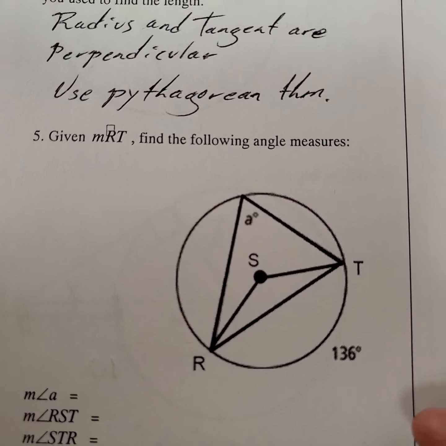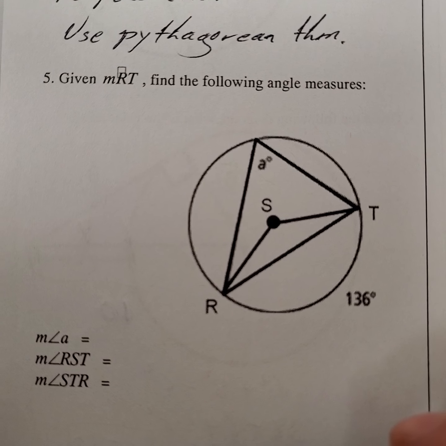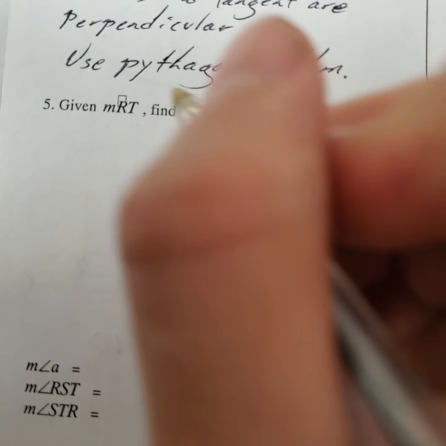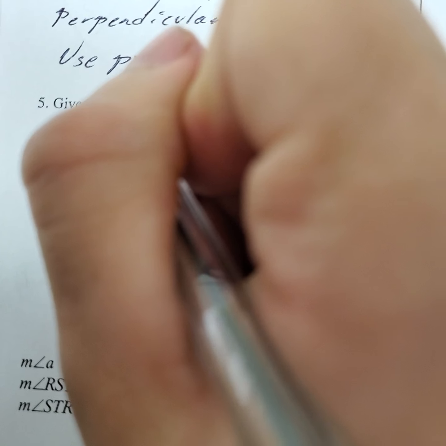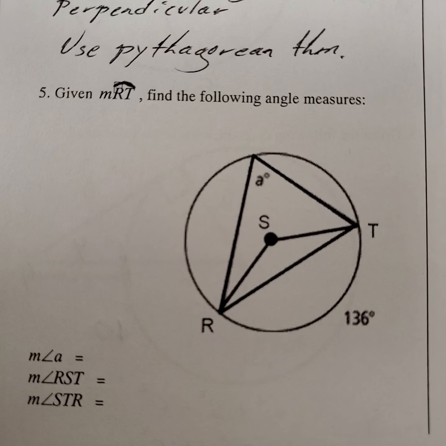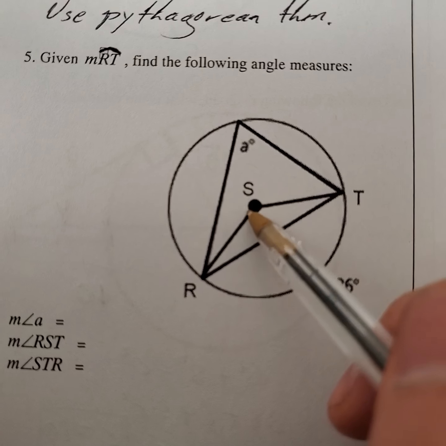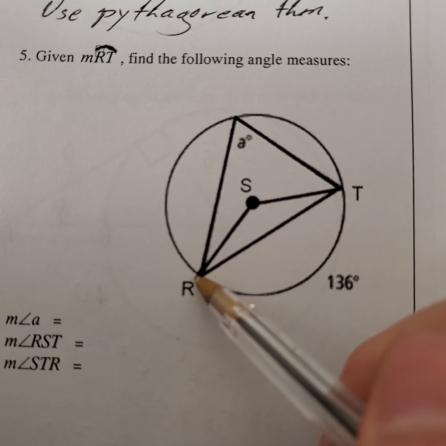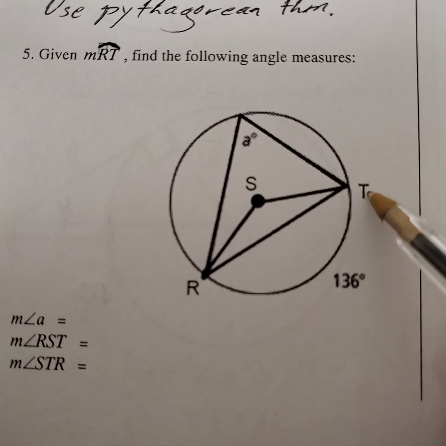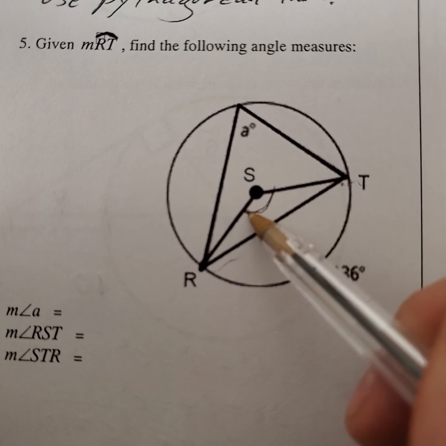All right, number 5 now. Given the measurement of arc RT, find the following angle measures. So if we take a look at this angle here, first off, angle RST, pretty much this angle, it's a central angle.